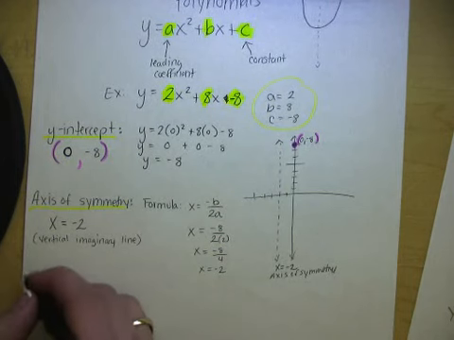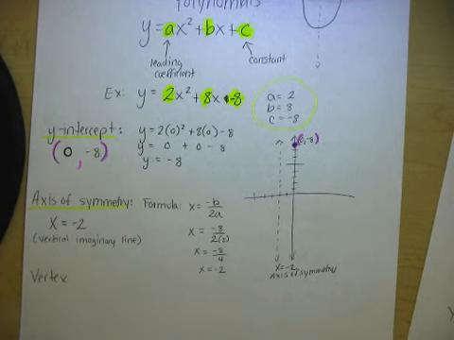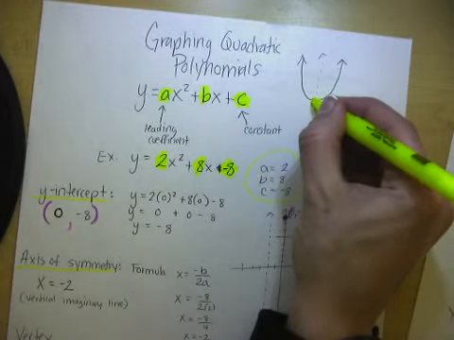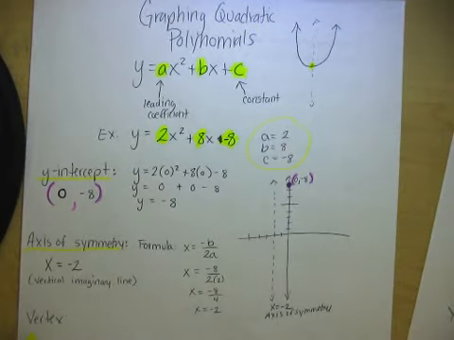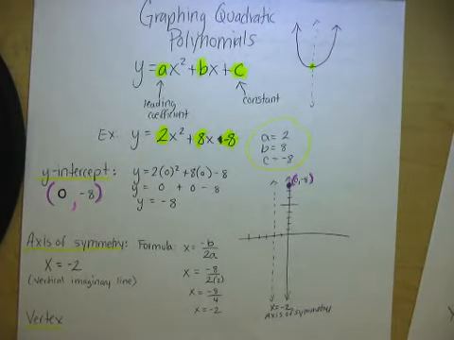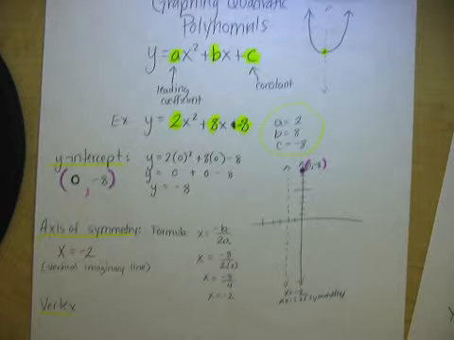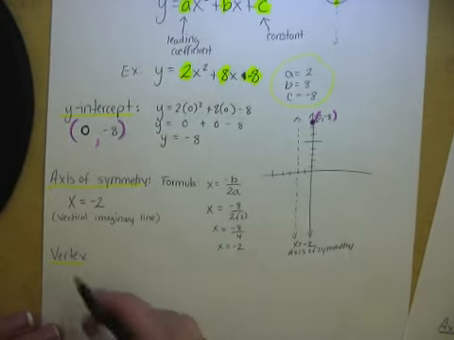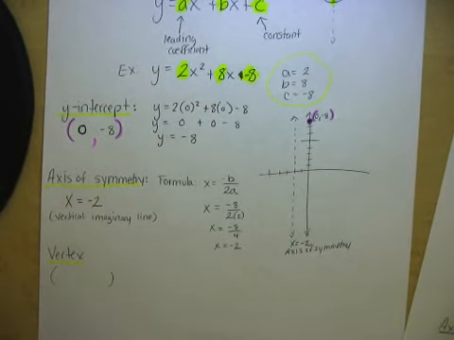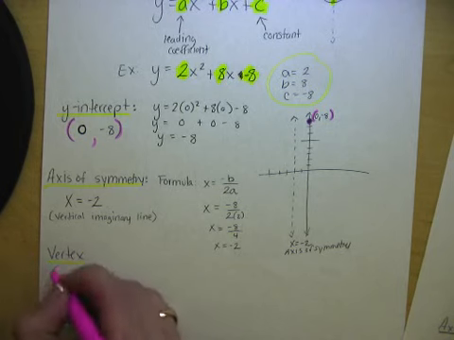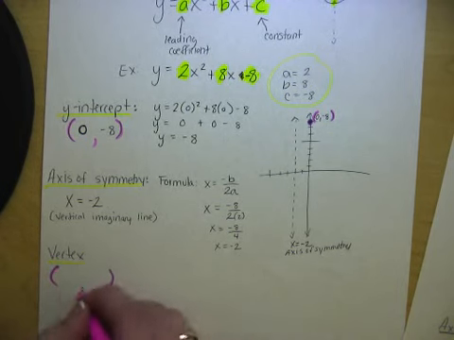So the last thing that we found today was our vertex, and this is our highest or lowest point on our graph. So in this case, this point here would be our vertex. Our vertex is a location, it is a point, so it does have an x-coordinate and a y-coordinate. So we've got to find its x-coordinate and its y-coordinate.